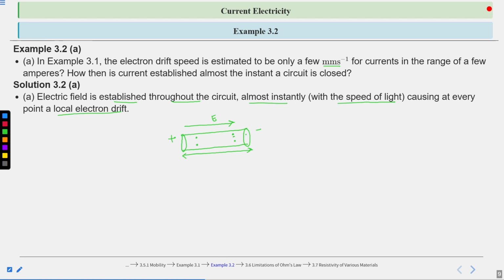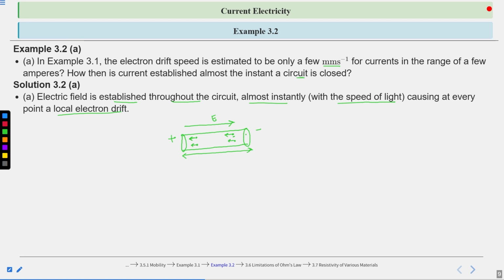So how is current establishing so fast? If we connect an ammeter in the circuit, the current will start showing a reading as soon as we connect and close the circuit. The concept behind this is that electrons are present everywhere. When we close the circuit, the electron at this end also feels the force, and the electron at that end also feels the force in the same direction.